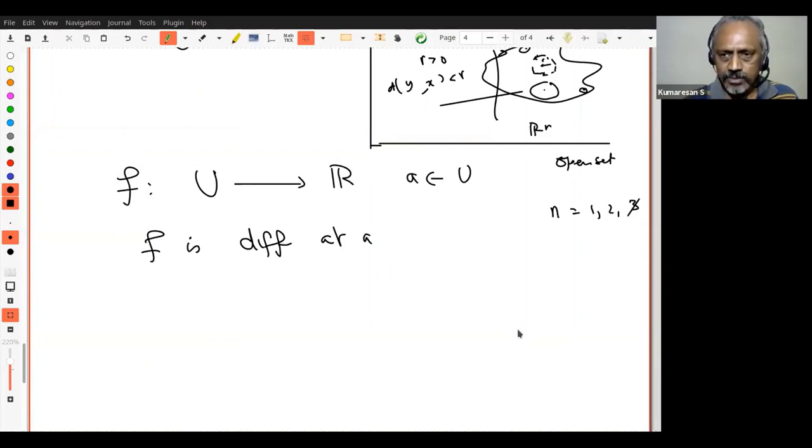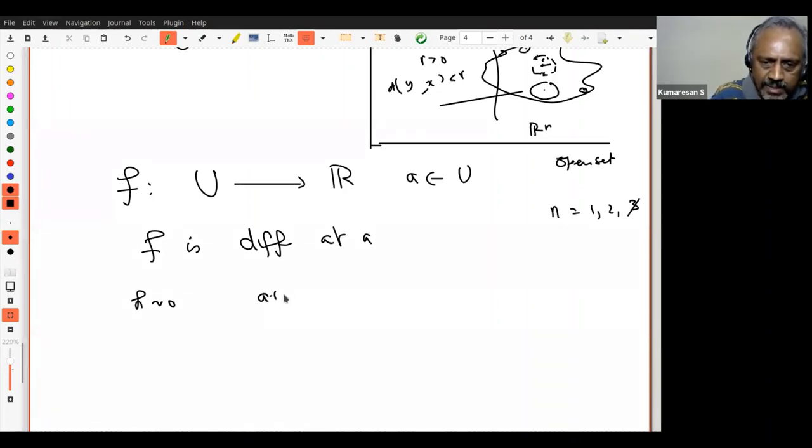Now what I want to say is the following. Suppose H is very near to 0, right? Then A plus H will be very near to A. Do you understand that?